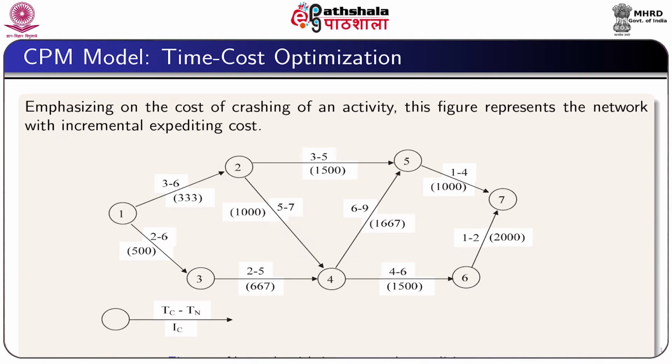Emphasizing the cost of crashing of an activity, this figure represents the network with incremental expediting cost. For the activity 1-2, the incremental cost is rupees 333 for 1 unit reduction of time. Similarly for the other activities, as shown in this slide.